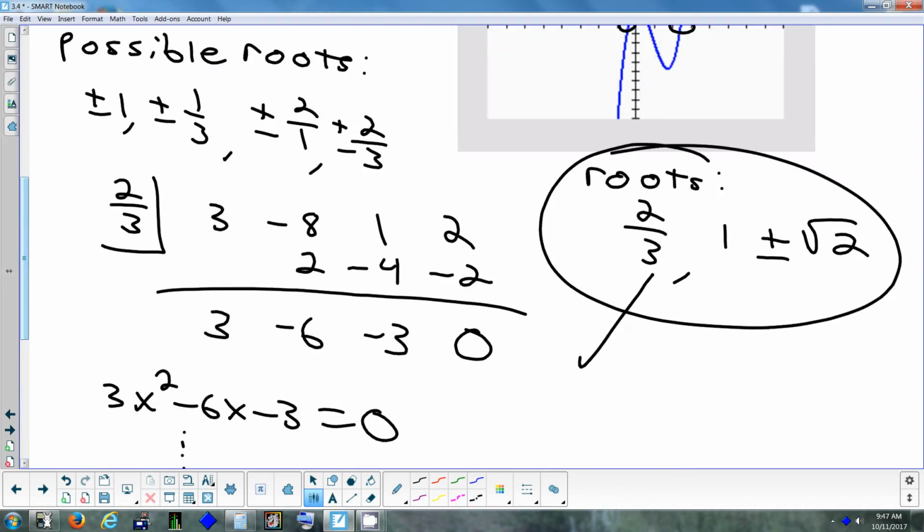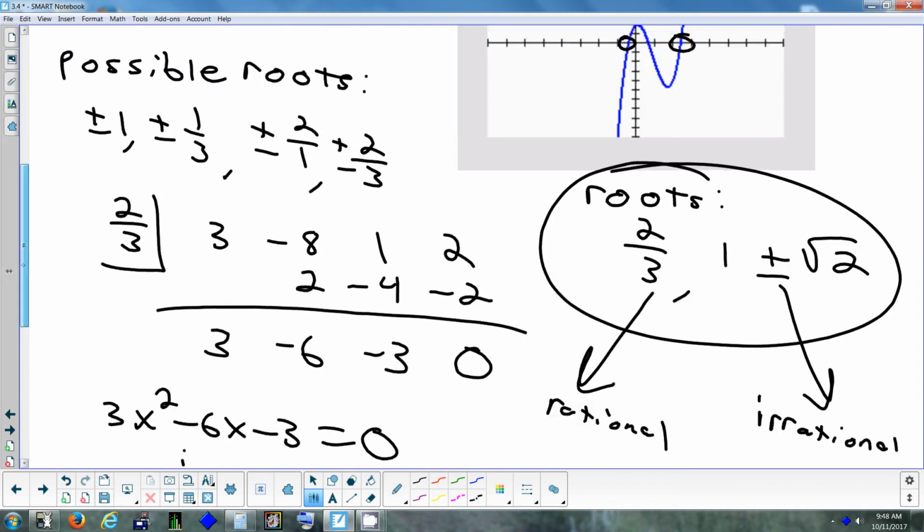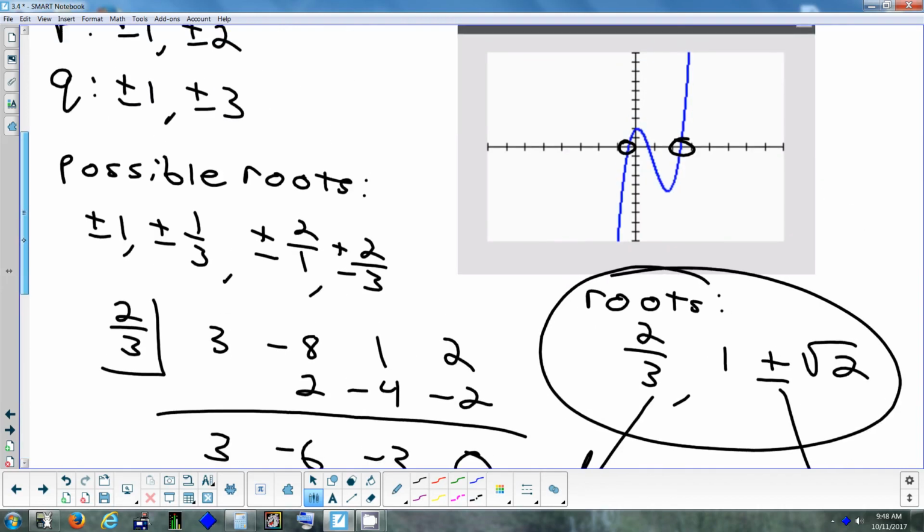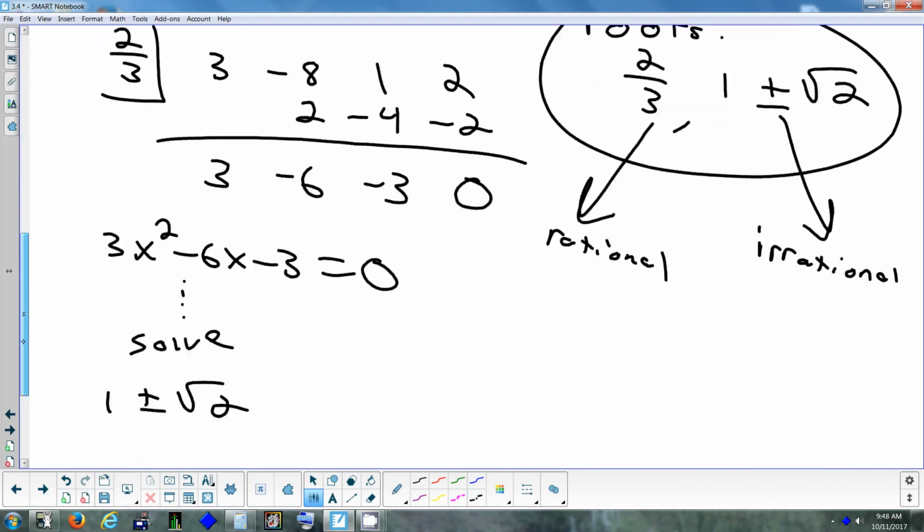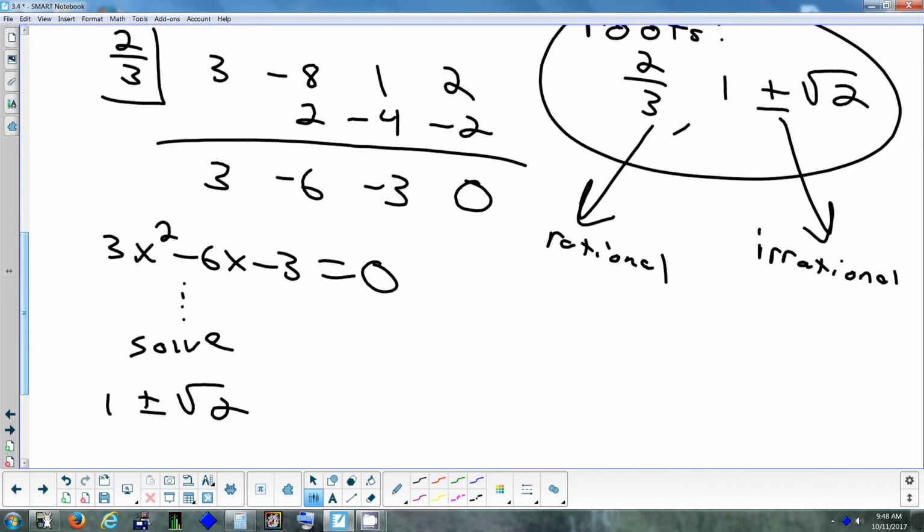And it said to classify them. 2/3 is rational. The others are irrational. Okay. Any questions on that?